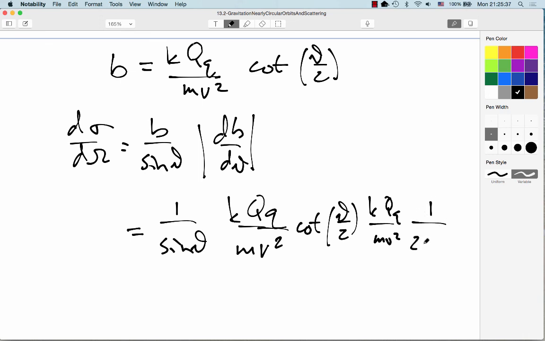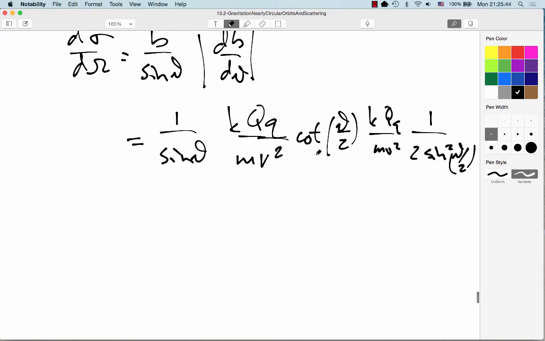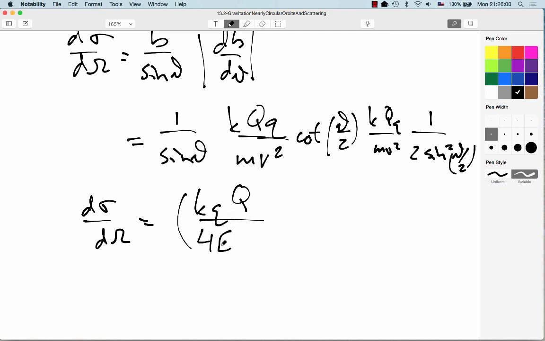So I'm going to pick up 1 over 2 sine squared theta over 2, and when we reduce some stuff and the dust all settles, I get d sigma d omega equals kqq over, you can pick up 1/2 mv squared would be the energy. So we wind up getting 4E sine squared of theta over 2, all squared.